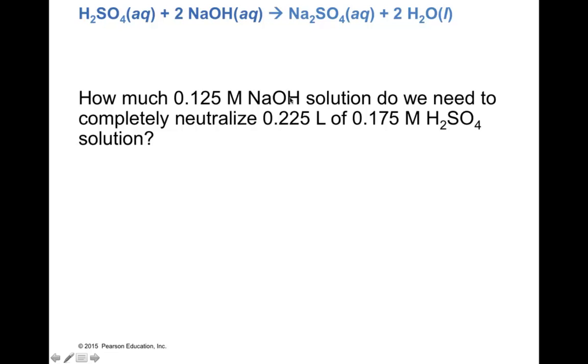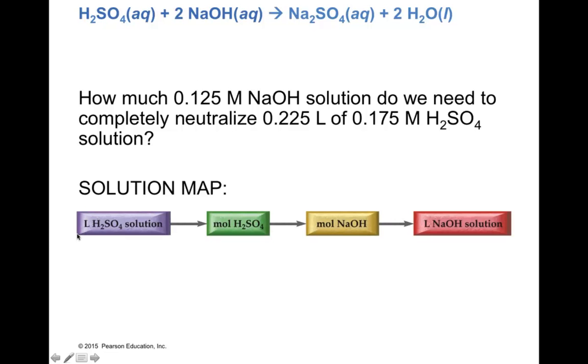We can do that by using the coefficients of the equation. And then we can turn those moles to volume, because they are asking how much solution. How much solution means how much volume we need.